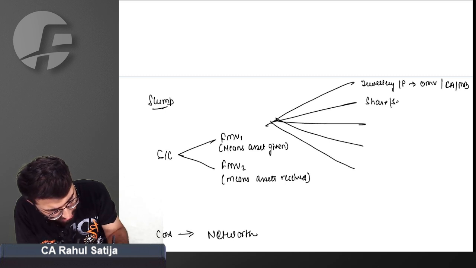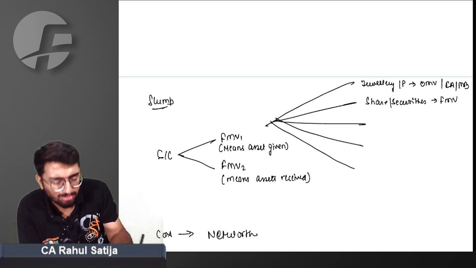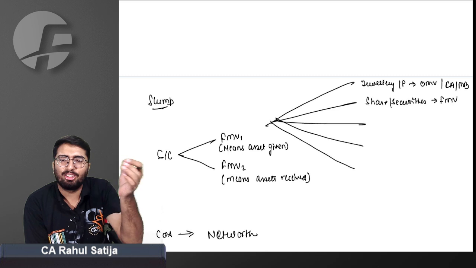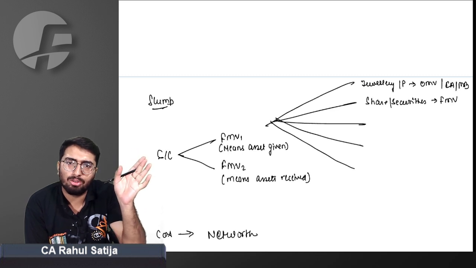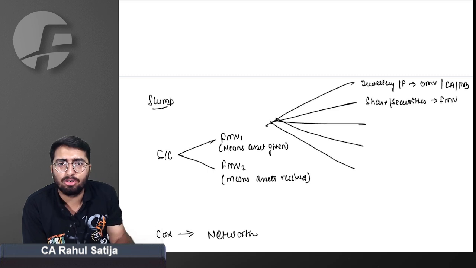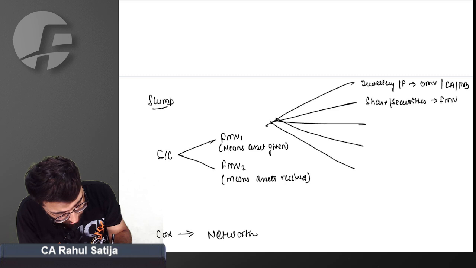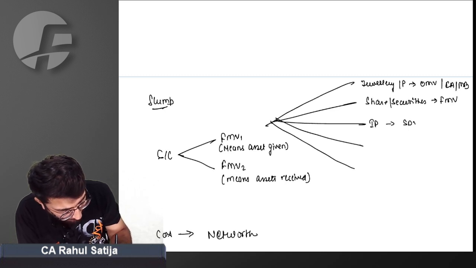If you have any share securities, just take fair market value. How will this fair market value be calculated? Fair market value is calculated by valuation rules under section 11UA, or for listed securities it will be the average of the last trading price. If you have any immovable property, then just take the stamp duty value of that.